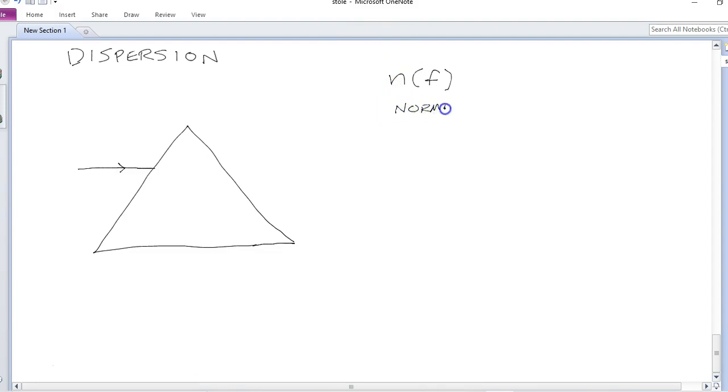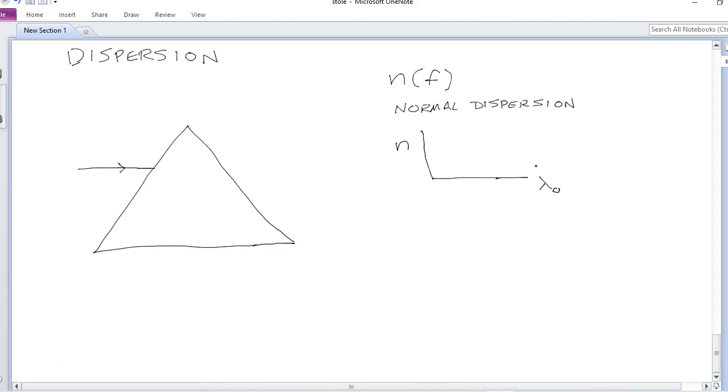Okay, so the next thing I want to establish, and what you should know a little bit about, is normal dispersion, because most materials will exhibit what we call normal dispersion over a certain frequency range. Our focus is going to be over the visible range. So I'm going to make a sketch here for a given material. This is the index on the vertical axis. And instead of plotting frequency, I'm going to plot it versus free space wavelength.